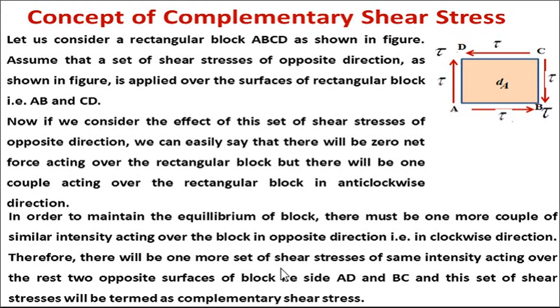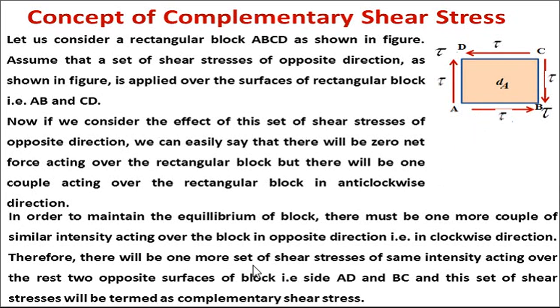So it is balanced, and that's why we can say that shear stresses are complementary. The net force acting on the system is zero, but the couples are balanced by the clockwise and anti-clockwise directions.